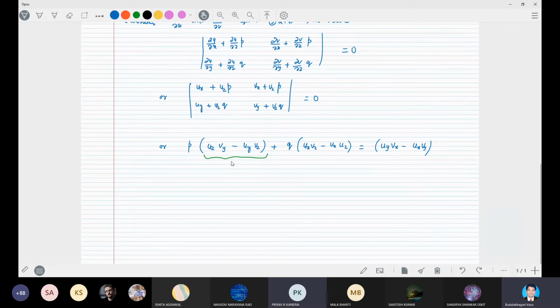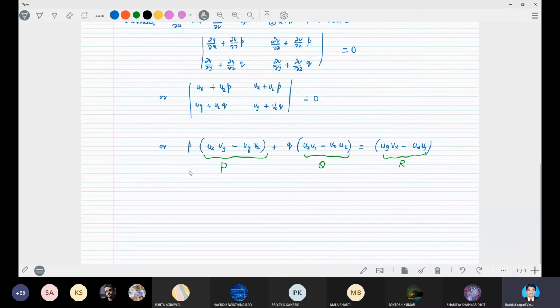So therefore they are functions, not constants. So this will also be a function of x, y, z. So this also can be denoted as capital Q, and this will also be a function, say R.